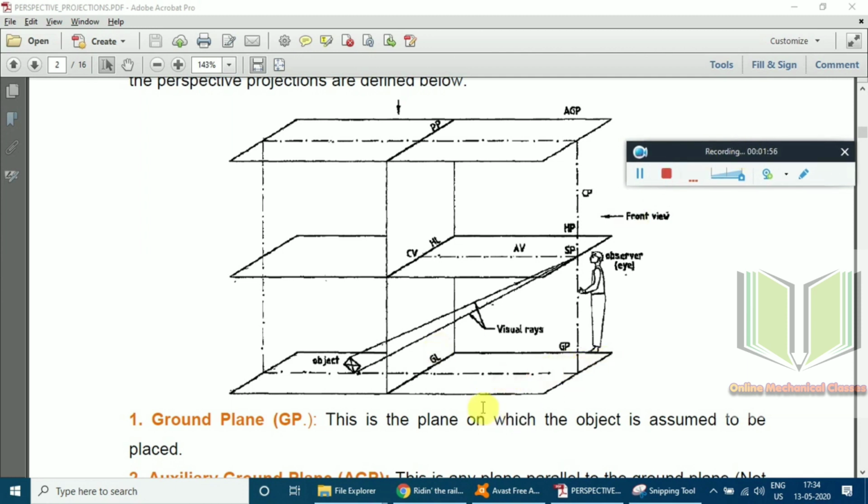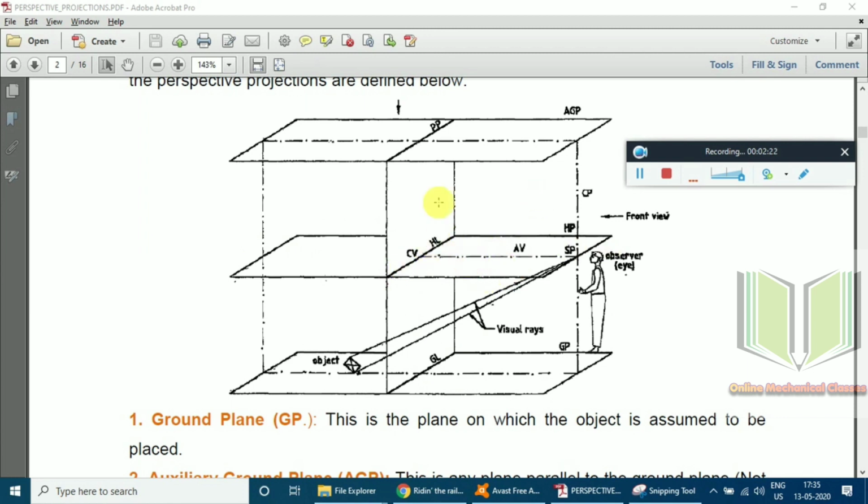You can see this is a plane. This plane GP is called the ground plane, where you are supposed to place your object, and GL is the ground line. Next, just parallel to the ground plane, you will have a horizon plane HP, and this line is called the horizon line.